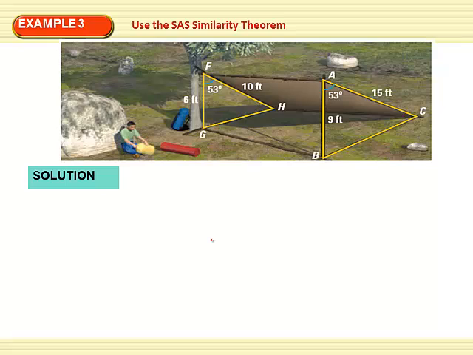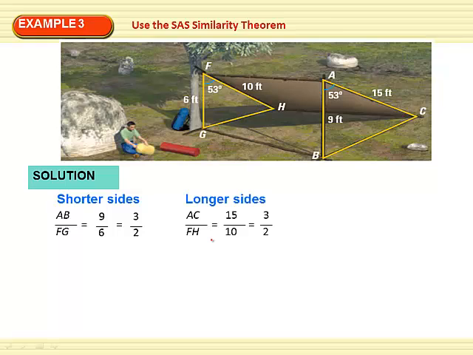So what do we do? First and foremost, you see the corresponding side lengths. AB is to FG is 9 to 6, which is equal to 3 over 2 when you reduce it. So what about the longer sides? So you have AC is to FH, which is 15 is to 10, which is 3 over 2 when you reduce it. So the two sides give you the same exact number when they are reduced.